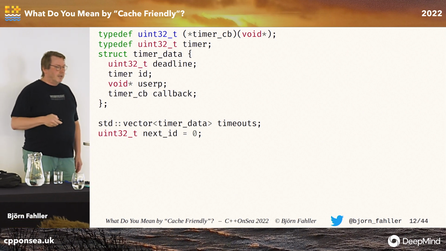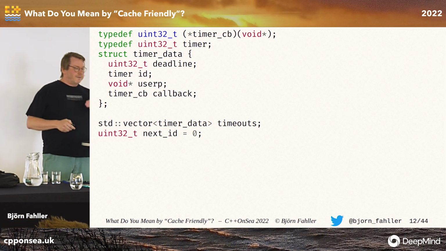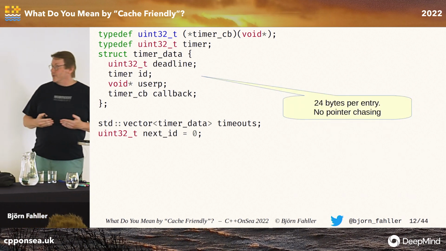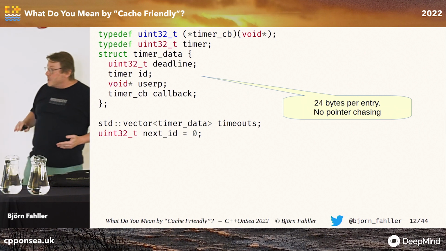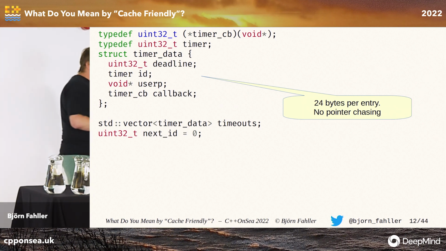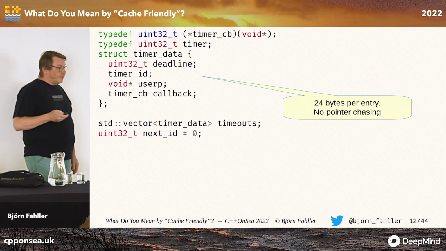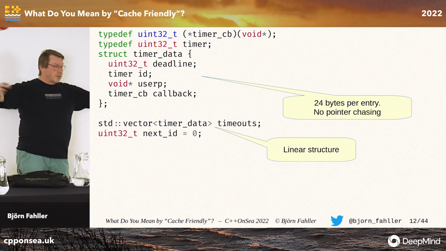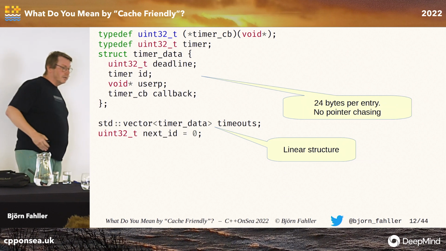I have a different structure here where, to begin with, we've gotten rid of the pointer, so we have just 24 bytes per entry, so it's smaller. And I'm storing everything in a vector, so it's a large, long, contiguous store.